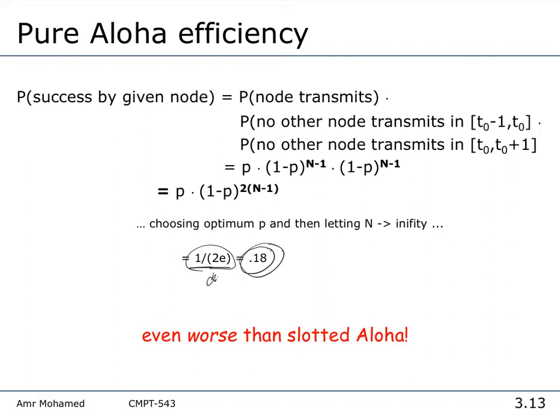Okay? So people have to have some alert, some sense. If we do this only by time slots, we can double this efficiency. But of course, even 36% is not enough for us.